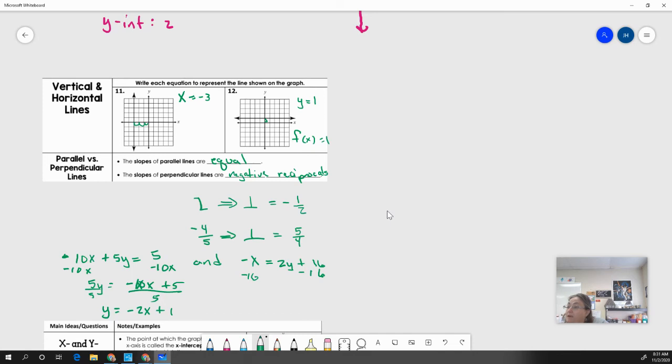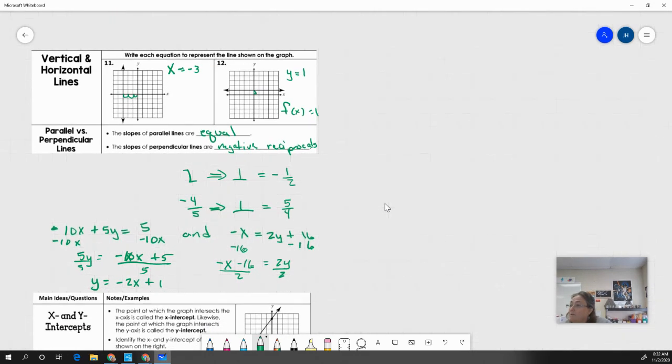And I'm going to be left with minus x minus 16 equals 2y. And I'm going to go ahead and divide both sides by 2. And I'm going to be left here with minus 1/2 x minus 8 equals y.